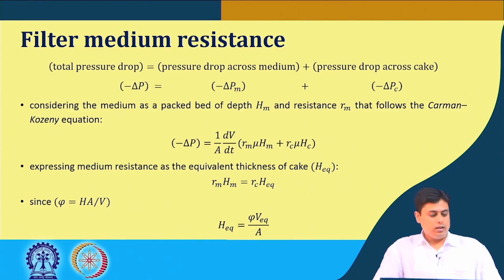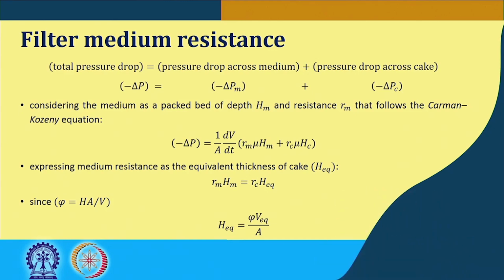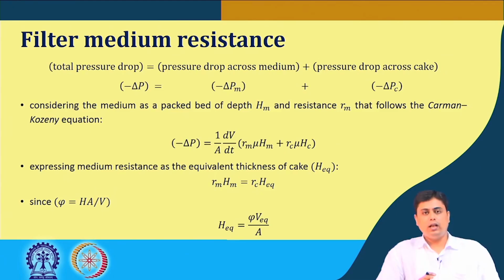So these initial two slides basically summarize what we had concluded last time, that when the filter medium resistance is incorporated in the total resistance, how the relationship between the pressure drop and the filtrate volume was derived.